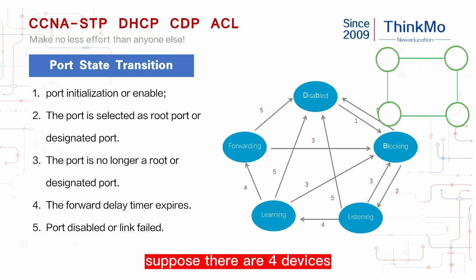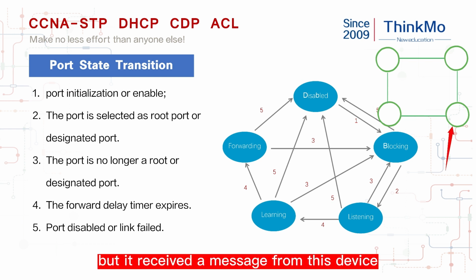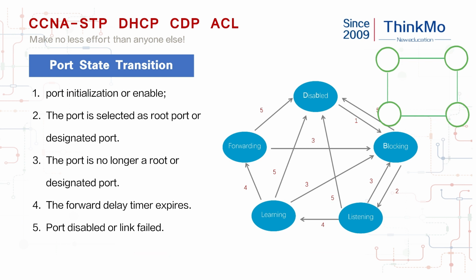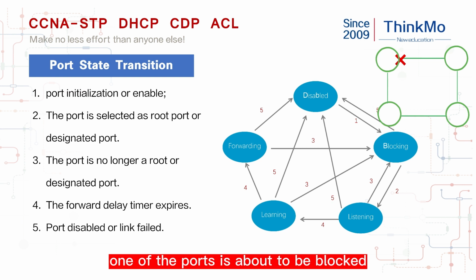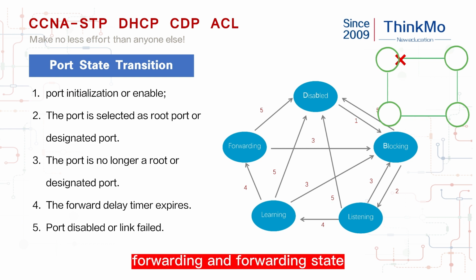Suppose there are 4 devices. Originally, the 2 interfaces of R1 were designated ports. But it received a message from this device, which is now manually assigned as root. Then these 2 are designated ports. One of the ports is about to be blocked. Originally one port could be a designated port, in forwarding state.